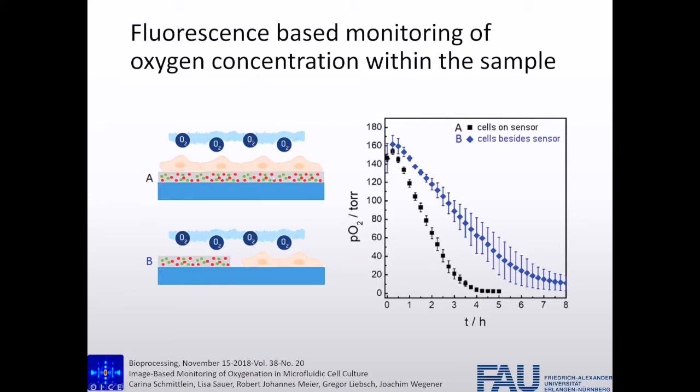When you see now this oxygenation curve of a sample with cells on the sensor, in A you see that if the cells cover the sensor, you have a fast decrease in the oxygenation in the sample. If the cells sit beside the sensor in B, then you have a slower reduction of the oxygenation in the sample. So this clearly proves that we are able to control oxygenation by fluorescence.